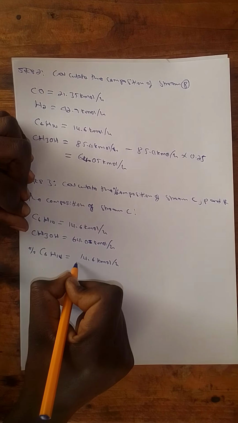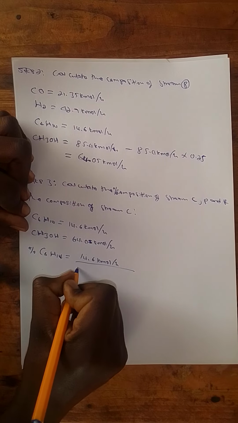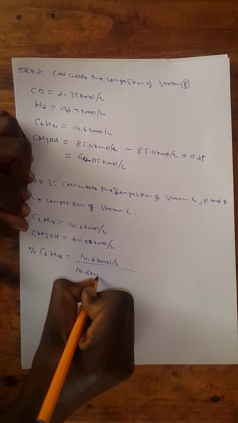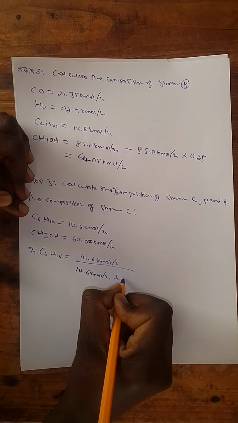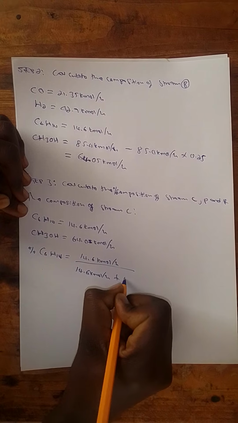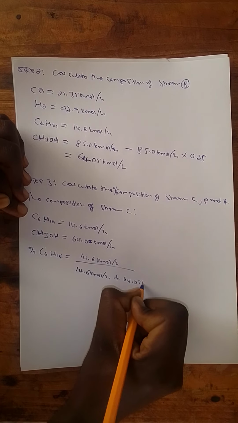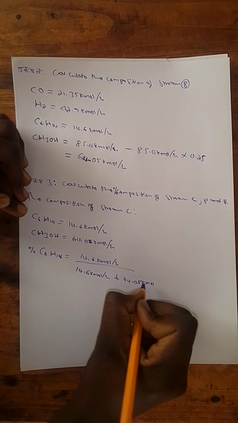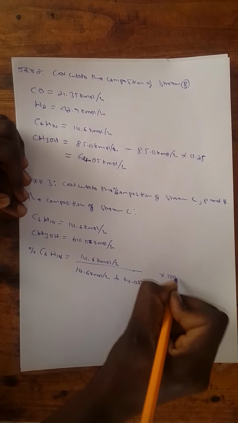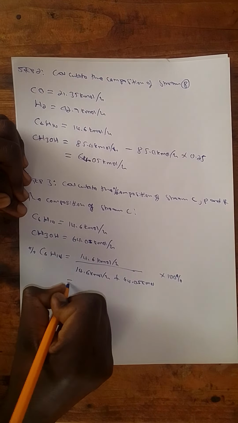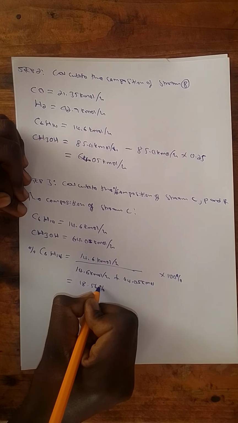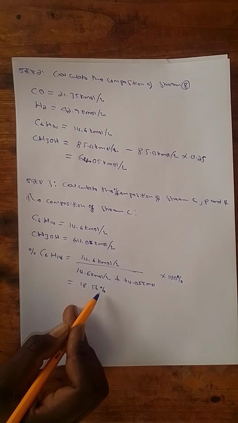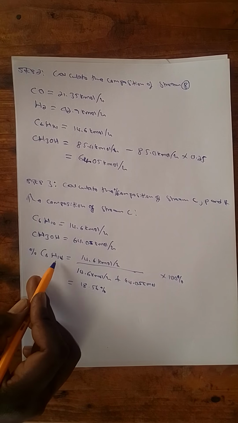That is actually the C6H14 all over the total, which is 14.6 kilomole per hour plus the CH3OH, and it's how much? It's 64.05 kilomole, right? Multiply by 100%, and if you use your calculator, it gives you 18.56%. So with that said, we know that in stream C, there's actually 18.56% of C6H14, right?